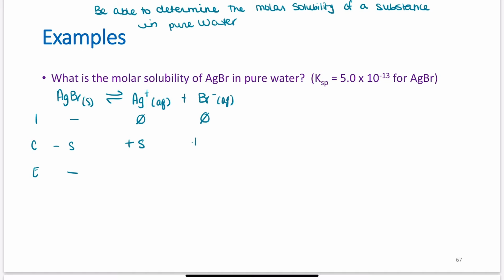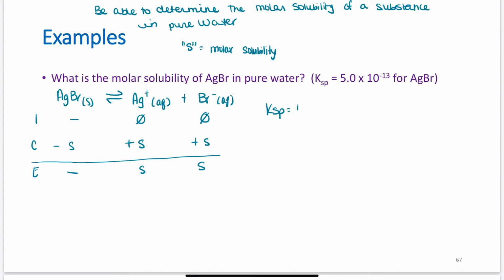I'm producing 1 mole of S of Ag+ and 1 mole of S of Br-. So at equilibrium, I have S and S of those two species. Again, S equals molar solubility. You can use X or any other letter in the alphabet for all I care if you would like to. We just use S to represent the word solubility.